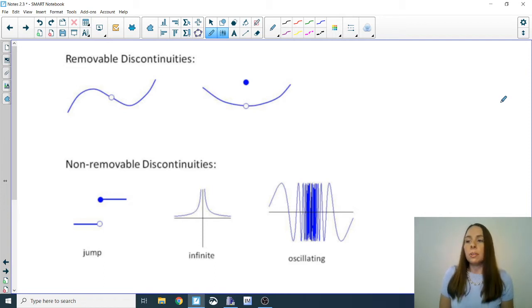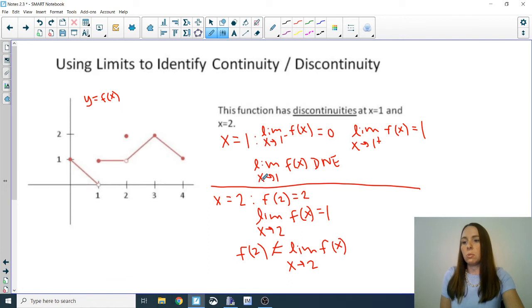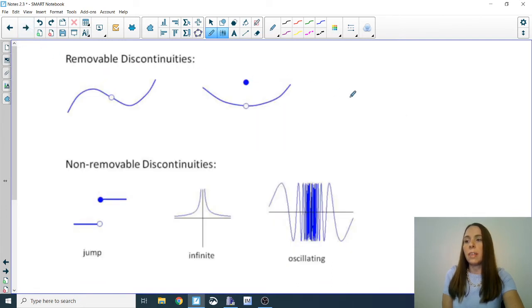So whenever you have a situation like the x equals 2 situation here, where the function value exists, it's a real number, the limit exists, it's a real number, however, they do not match, that is called a removable discontinuity. We actually say that we could redefine the function to remove that discontinuity very easily, and that is because the limit exists.